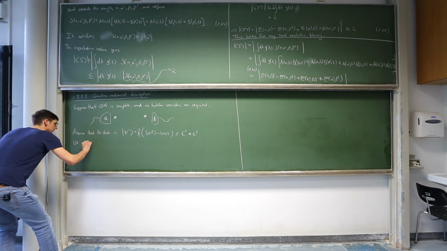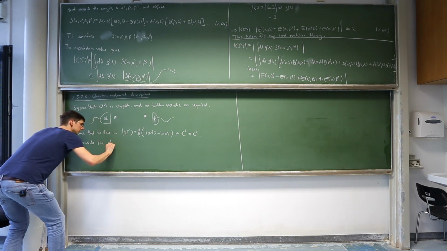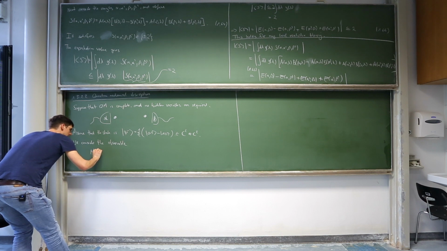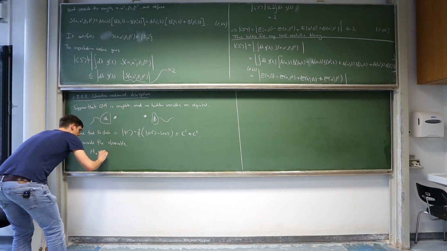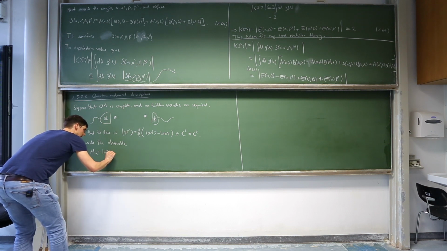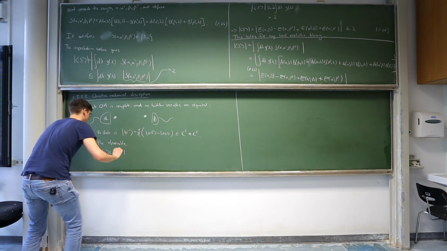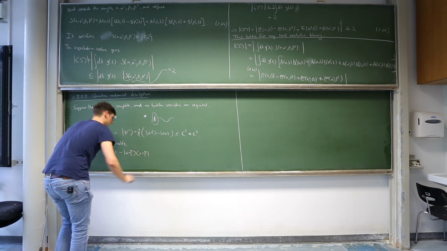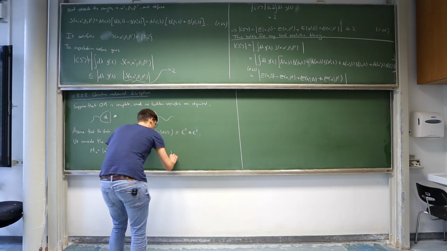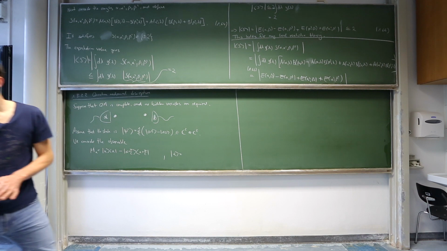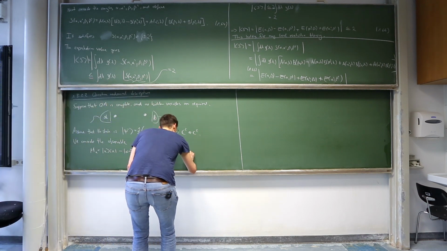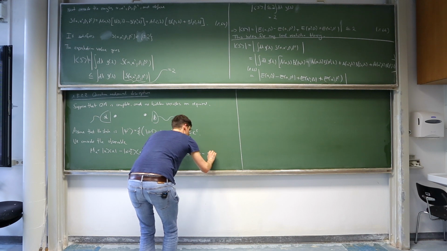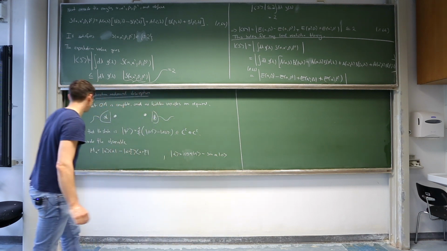So we consider the observable M(α) equal to |α⟩ minus |α + π/2⟩, where |α⟩ is equal to (cos α, −sin α).